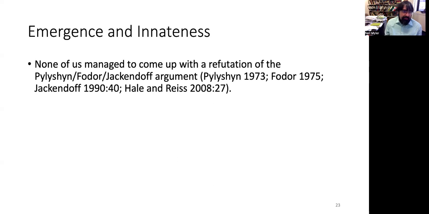So early on in the semester, I introduced everybody to an argument which I've been calling the Pylyshyn/Fodor/Jackendoff argument, which I first came across in the work of Mark Hale and Charles Reiss. And in the meantime, I've looked up some of these things. When I first read this argument, I found myself convinced by it immediately, and I wasn't expecting to be.